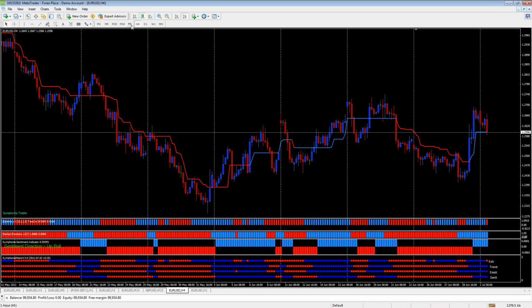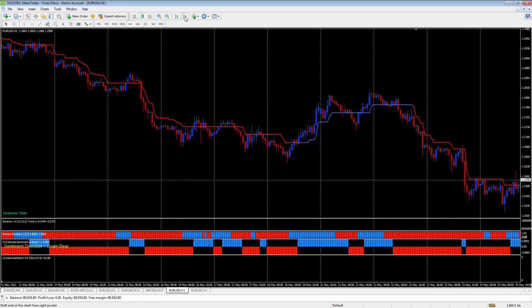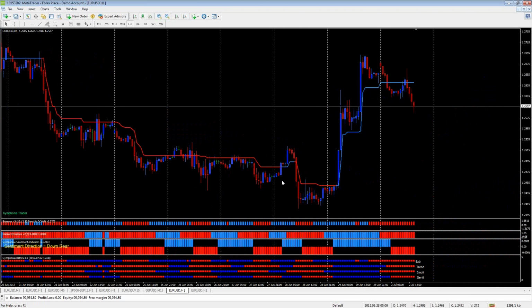So let's take shorter time frames, because with the 4 hours you may have to wait for a very long time and then have a big part of your profit lost on big retracements. So let's take the 1-hour chart.